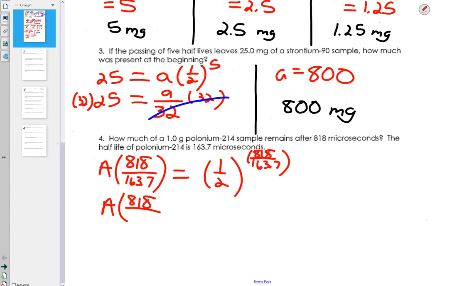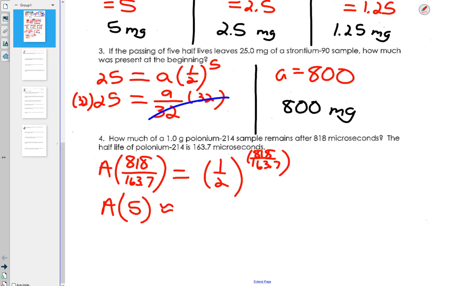Let me see, because I don't trust any of you. Just kidding, I trust Ann. 818 divided by 163.7. Yeah, 4.9. They probably wanted you to round to 5. Just put 5 here. But on the other side, it won't round. That's more or less 5 half-lives.